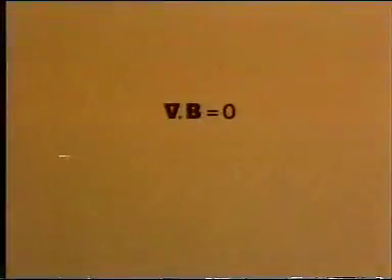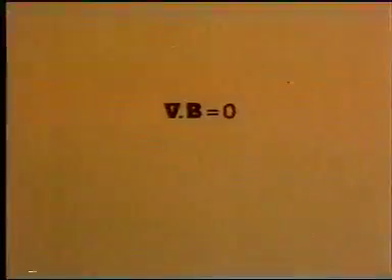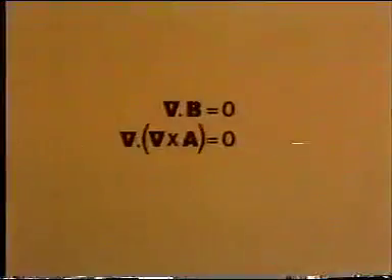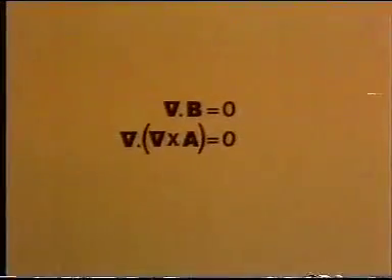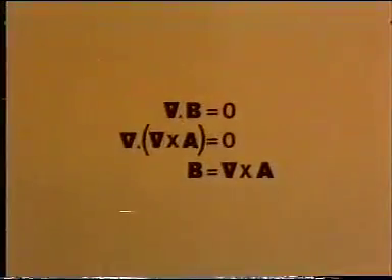You can see that theoretically like this. Well, first we know that div B is equal to 0. But from an example in the text, you remember, div curl of a vector A is always 0. So we can identify B as the curl of some vector A.